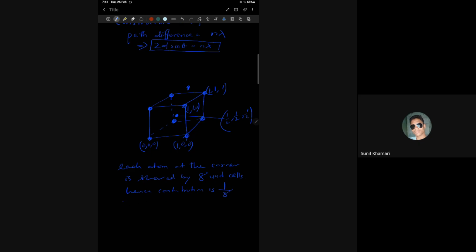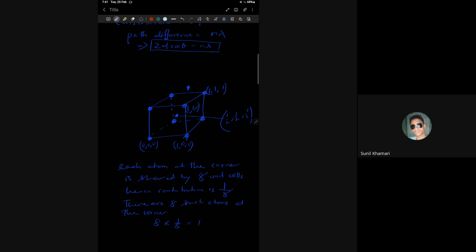There are 8 such atoms at the corner, so the contribution will be 8 into 1 by 8, which is equal to 1.